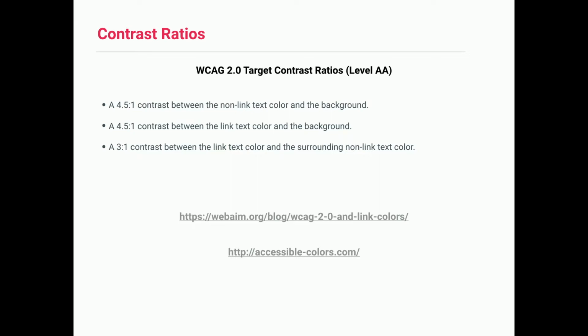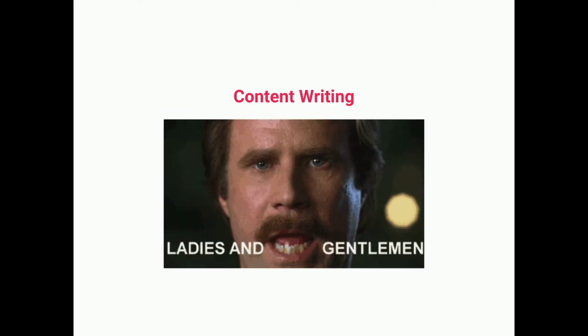The WebAIM color checker, you give it two colors and it says it works or it doesn't work, and you kind of have to slide and adjust. But with accessiblecolors.com, if you put in one color, it will give you a target color. So I like that one a little better, and I'm happy to demo any of these tools if anyone's interested, as long as we have time.